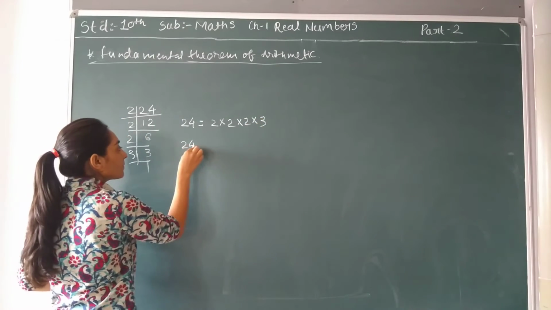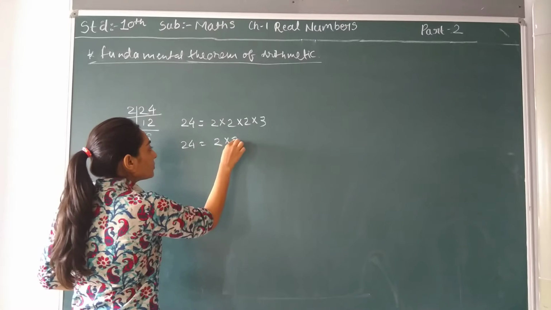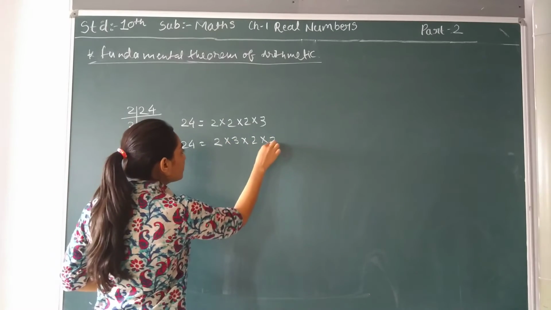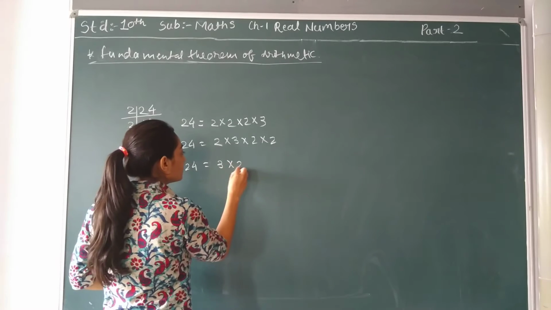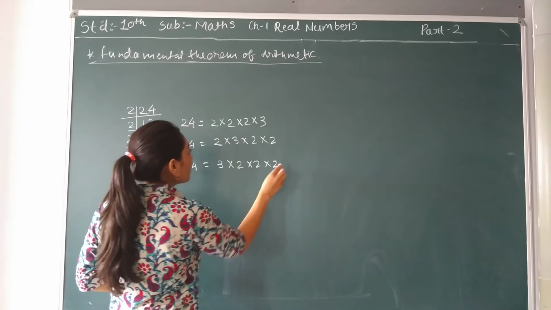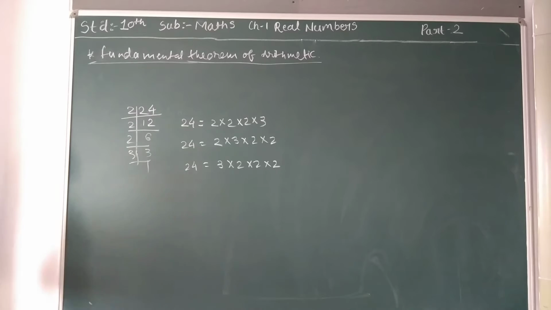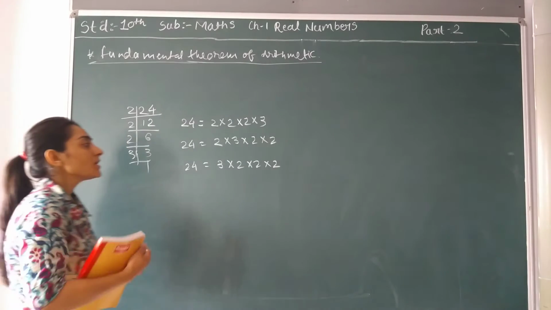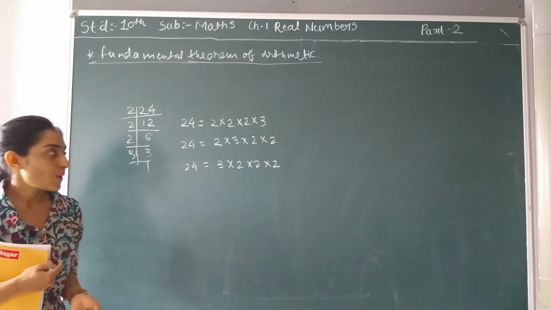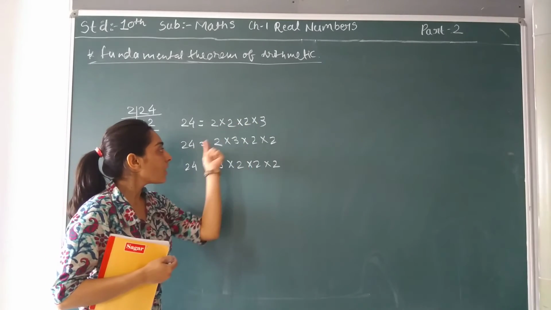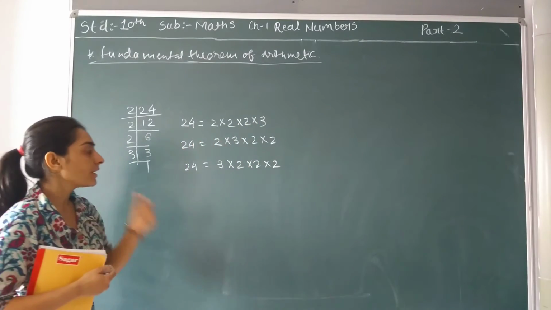Now 2 into 3 into 2 into 2. Now 3 into 2 into 2 into 2. Now observe these. Which one is correct? All are correct. Why? Because when you multiply all of these, we get 24.